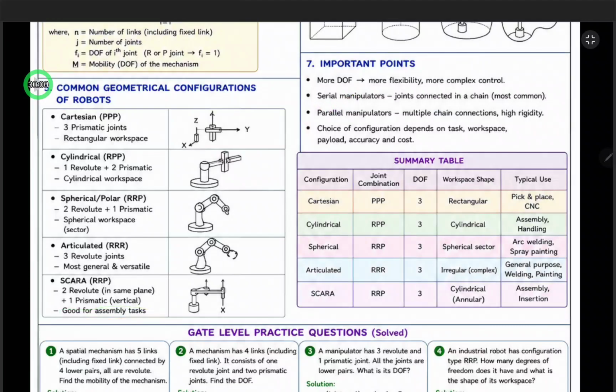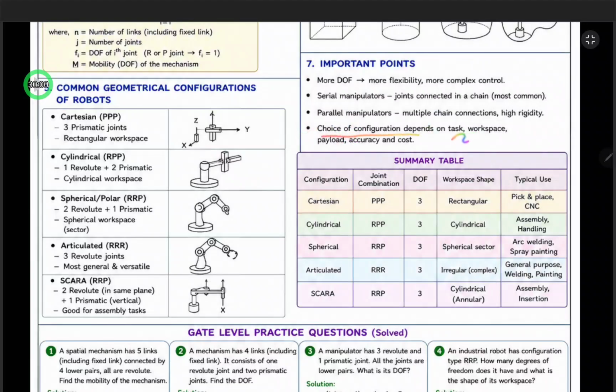Now important points. More degrees of freedom mean more flexibility but more complex control. Serial manipulators have joints connected in a chain, the most common type. Parallel manipulators have multiple chains connected, and high rigidity.